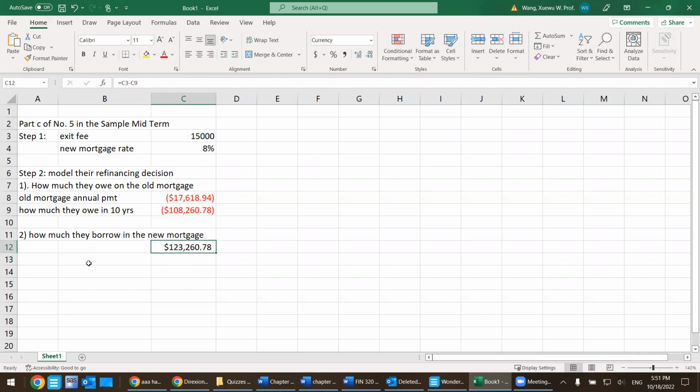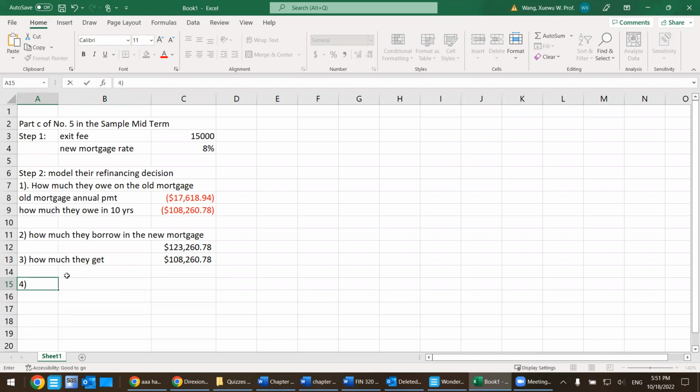So that's how much they're going to borrow. All right. And how much do they get today? Well, how much they're going to get is nothing but how much they borrow minus the 15,000. All right. So they're going to get this 108,260.78. And that's exactly how much they owe on the old mortgage.